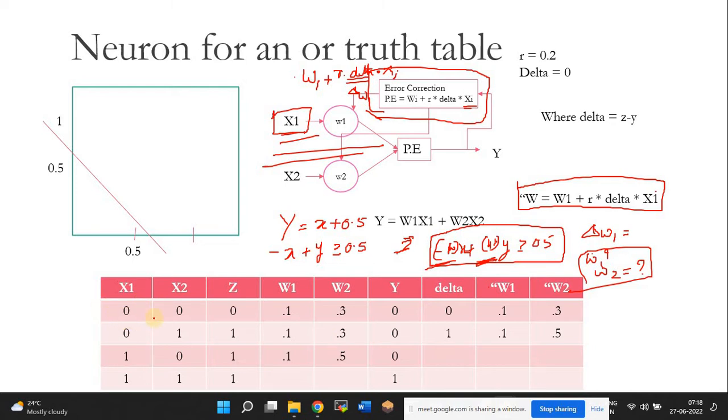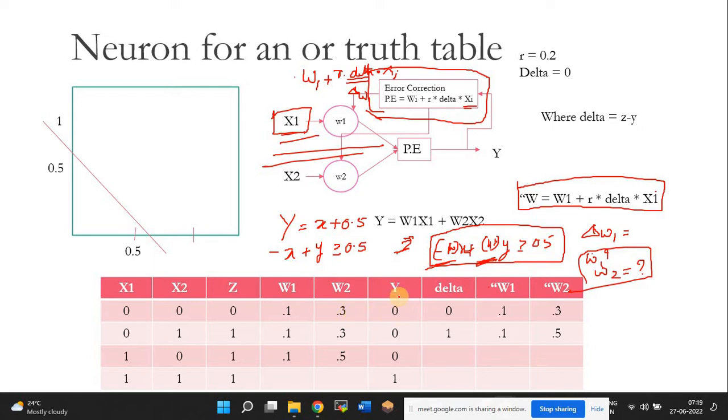When it started with 0 0 and the output that comes out is equal to 0, this is the original truth table, right? x1 x2: 0 0, the output is 0; 0 1, 1; 1 0, 1; 1 1, 1. So this is the actual output. But let's say we start with an initial value where w1 is 0.1 and w2 is 0.3.